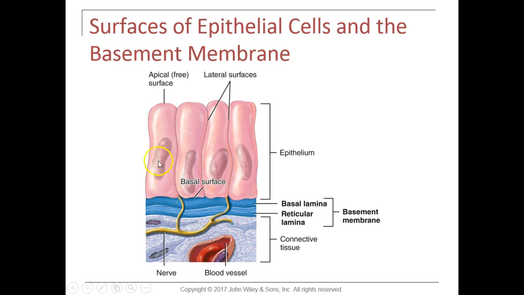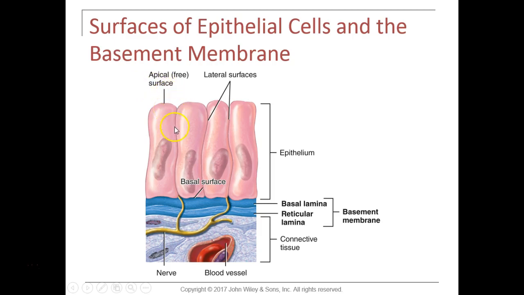However, if you notice, there is a free edge at the top, so there's nothing up here. So epithelial tissues, lining epithelial tissues, have a free edge somewhere. So the free edge, where no other cells or anything is touching it, is called the apical membrane or the apical surface.